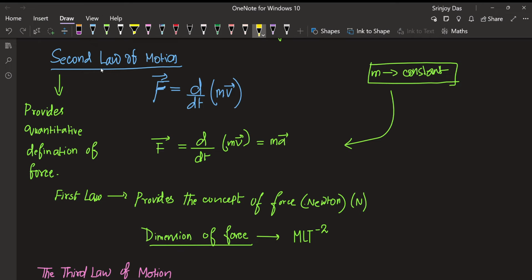And the first law concept is the force. अगर मैं कोई एक्सटर्नल फोर्स नहीं दूँगा तो कंटिन्यूअसली चलता रहेगा. Dimension of the force is MLT^-2, and the unit of force is Newton.